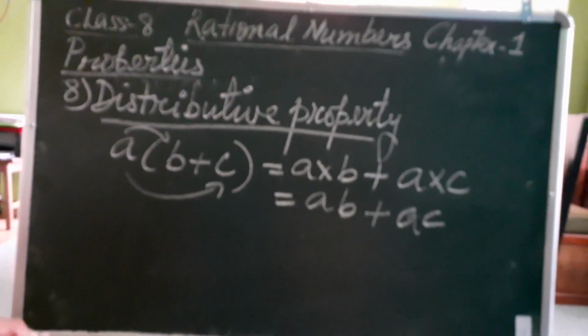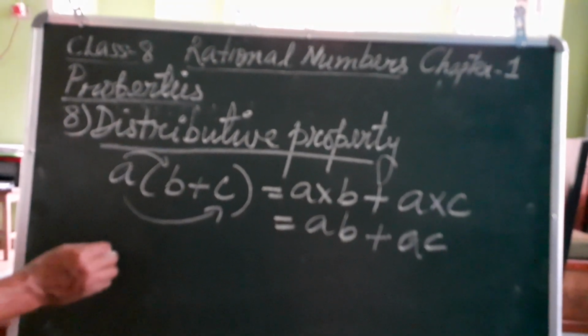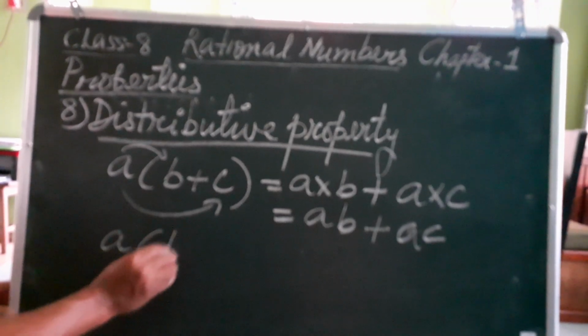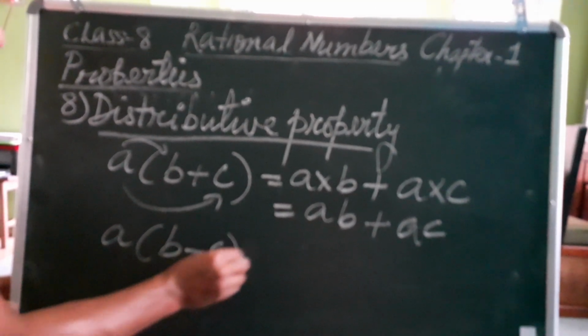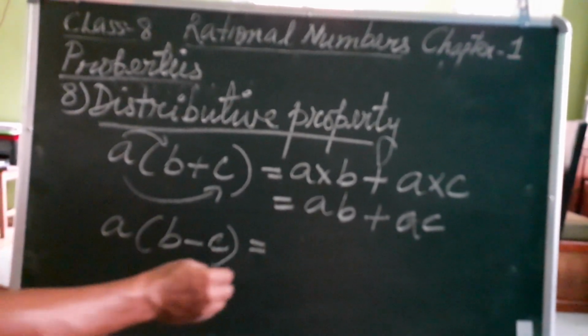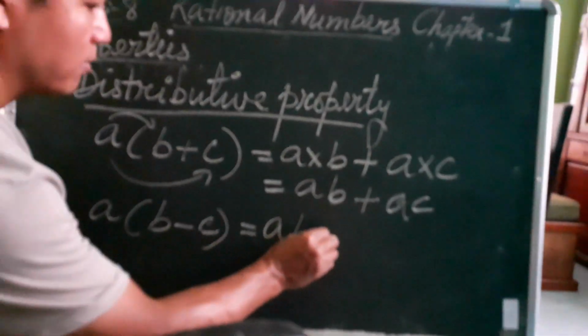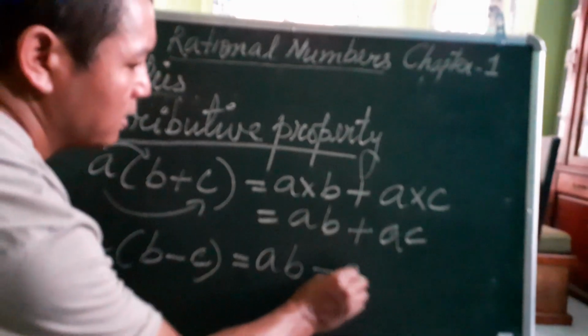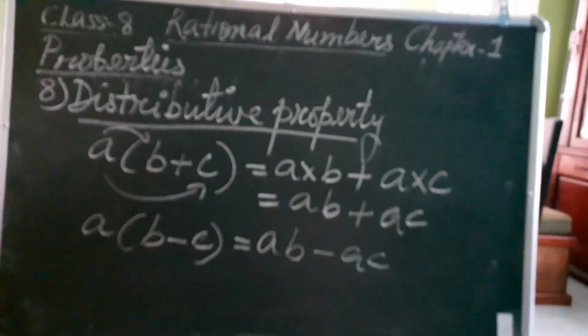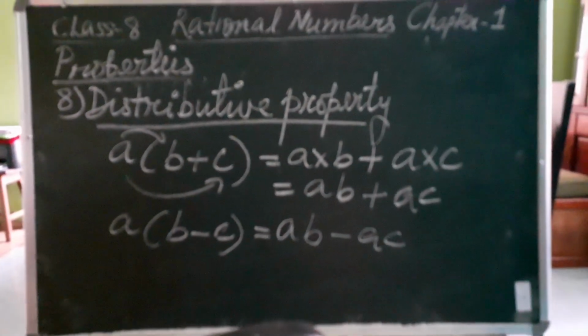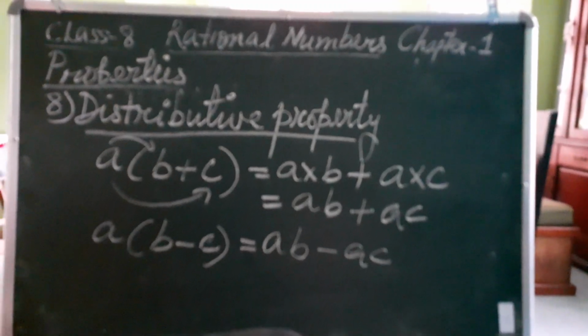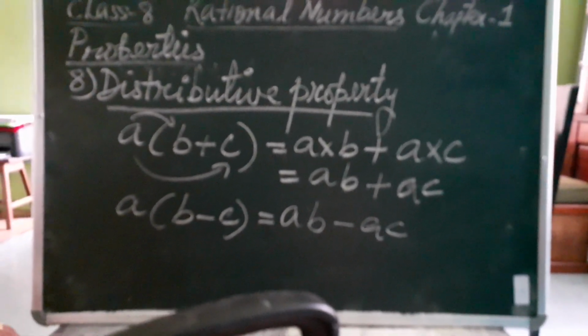multiplication over addition. And the same way, a into b minus c is a into b, ab, minus a into c, ac. This is called the distributive property of multiplication over subtraction.